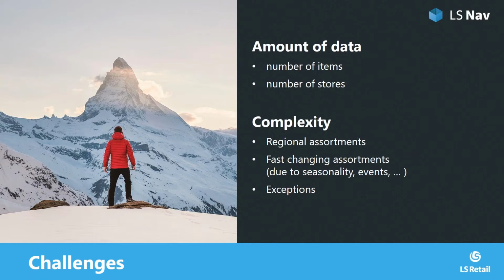And we see this behavior also in other retail industries. And then we see also fast changing assortments. Life cycles are becoming shorter and shorter. Fashion, electronics are the most extreme examples, but we see it in other places too. And then we need to cover all kinds of exceptions.